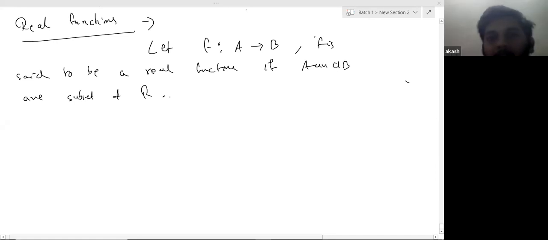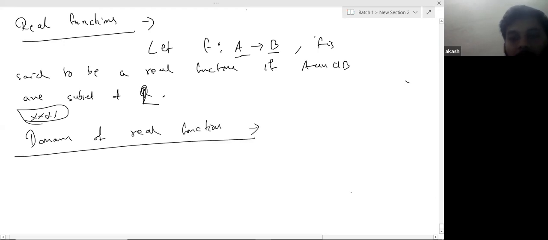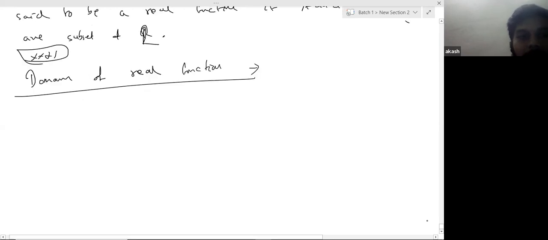So this is very easy: if the domain and codomain are both subsets of real numbers, they can be rational, irrational, or anything like that. All right, what is the domain of real functions? This is very important. Star mark as much as you want. If this is not clear, then this chapter is going above your head.